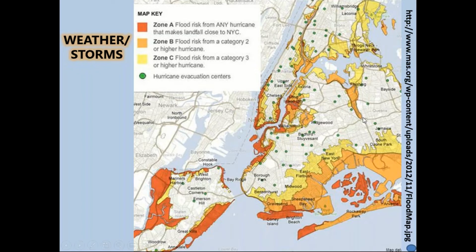But it's also a function of how high the land is above sea level to begin with. So these maps exist, and obviously if you live in a place like this, you might want to consult these maps to see if you'll be in a potentially dangerous location.